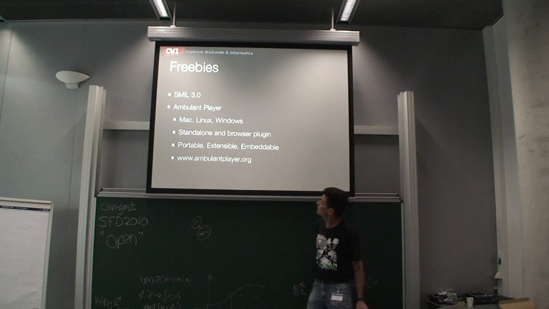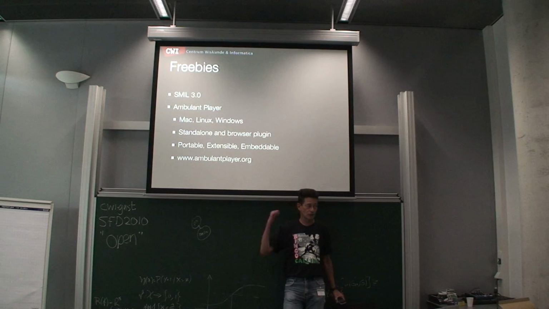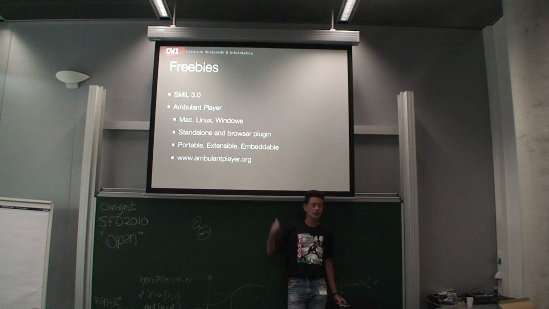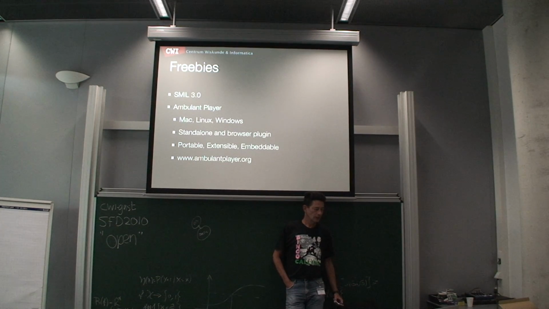The free software, the Ambulant player, the player that was used to, among other things, implement this demo, is available for Mac, Linux, and Windows, and it's portable to many different platforms. It has run in the past on Nokia Maemo. It has run on Windows Mobile. We've dropped support for those platforms because we simply don't have the time to maintain it ourselves.